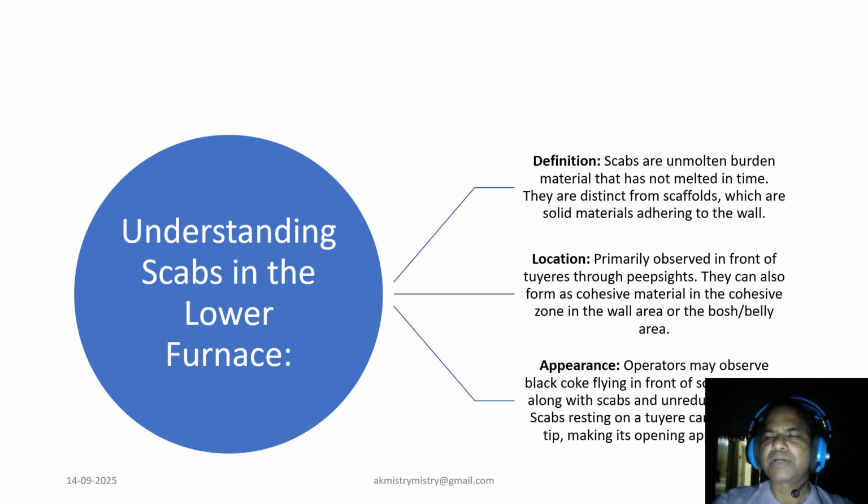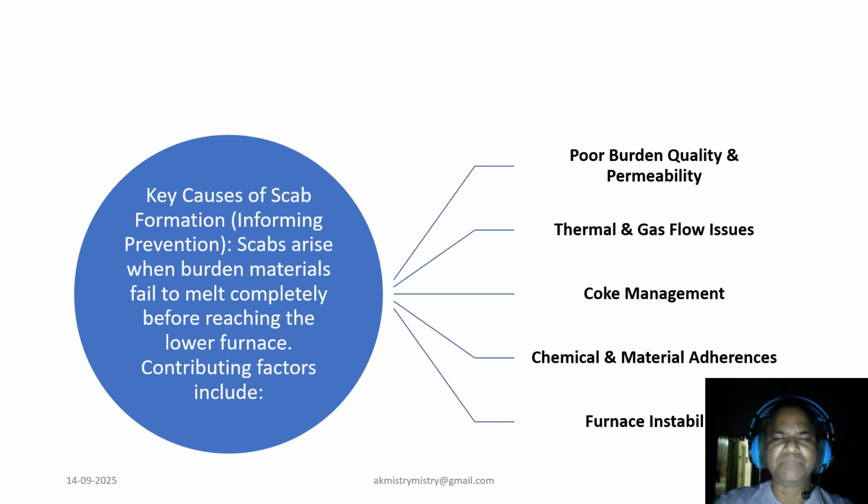Coming to our next slide, which is about the primary causes of scabs, and the root causes are many. Burden and thermal control is one of the very important aspects in this. Understanding the root causes is key to prevention.